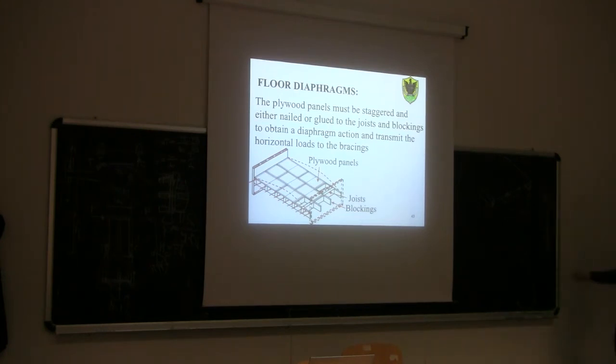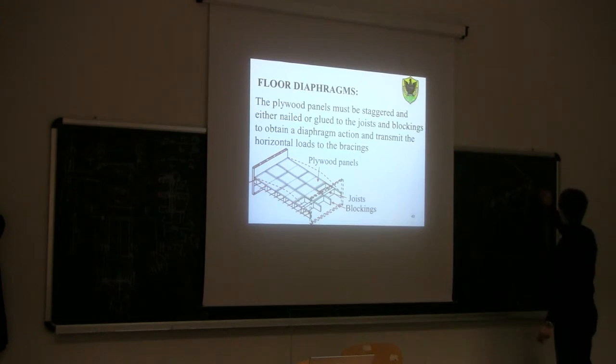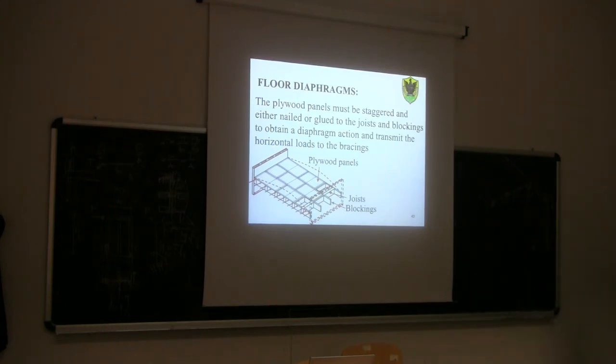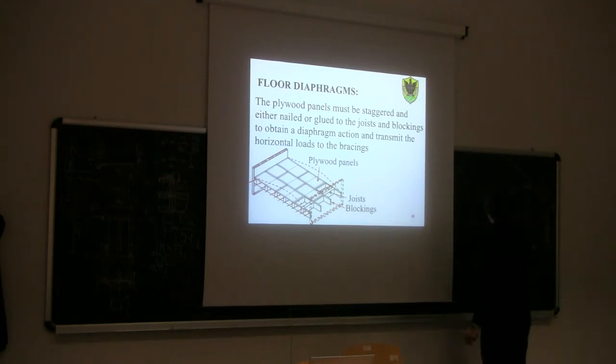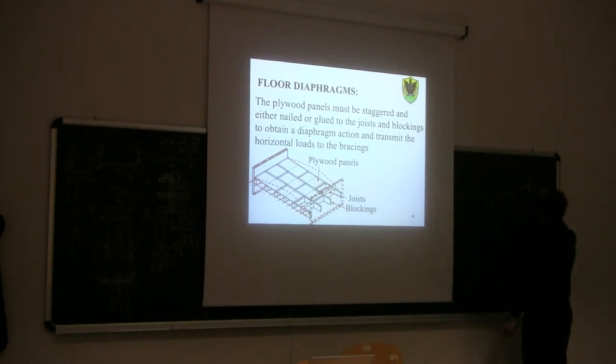Okay? So again, we will have a compression force, C, in the outer joist at the top and the tensile force, T, in the outer joist, like before, with C equal to T equal to M, the in-plane bending moment, divided by, I don't know, we call it B, for example, this distance.